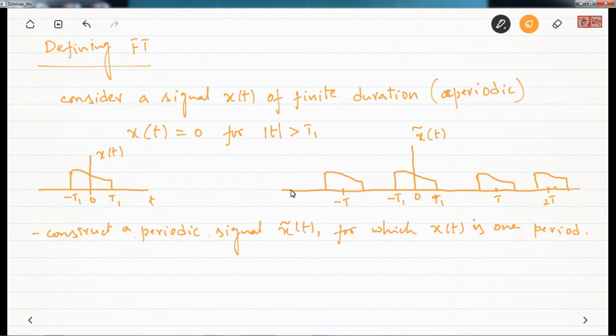What we are trying to do is construct a periodic signal for which, in this period, from minus T by 2 to T by 2, this is one period.